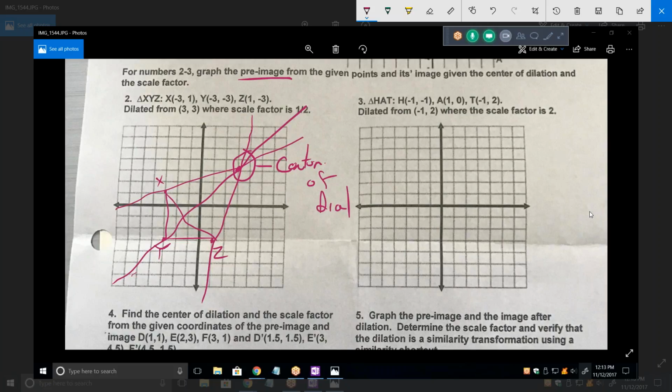Well, the preimage must be something like this, such that the new image is half of the preimage. You see that? Yep. If it would have said a scale factor of 2, then you'd have been correct. I would have gone to the upper right.